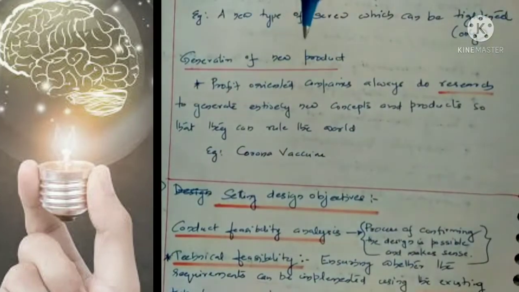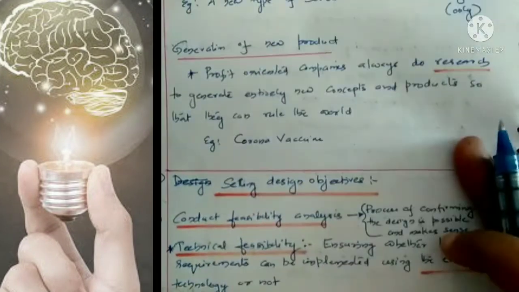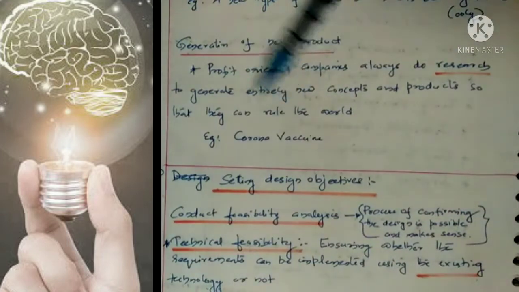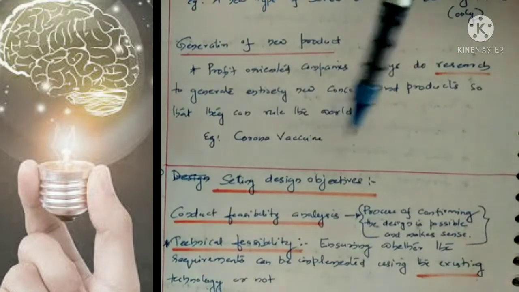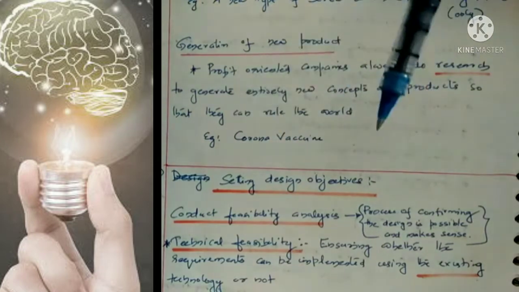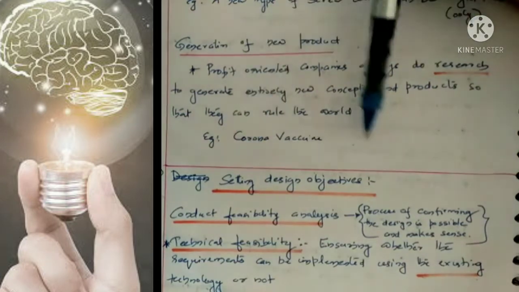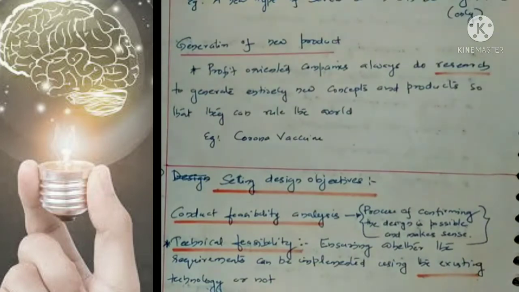Then generation of new products. Sometimes as per the demand we need to generate an entirely new product which may not be available earlier. For example, corona vaccine. So actually this type of vaccine was not there in the market before this disease. So as per the current scenario, they were compelled to make a vaccine as soon as possible.